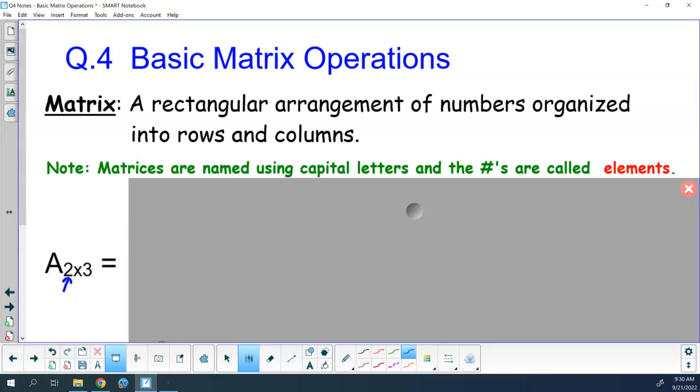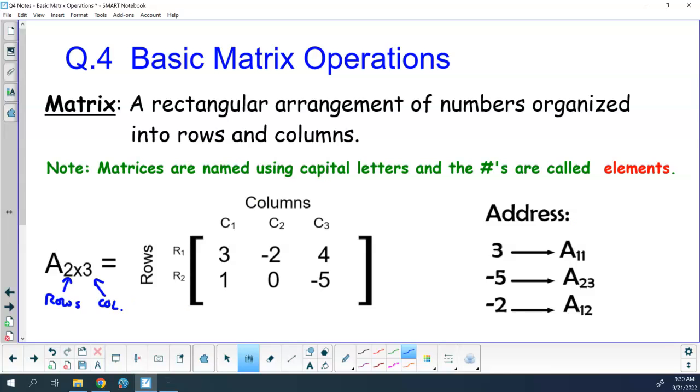So matrix A has 2 rows and 3 columns. So there will be 6 elements in matrix A.